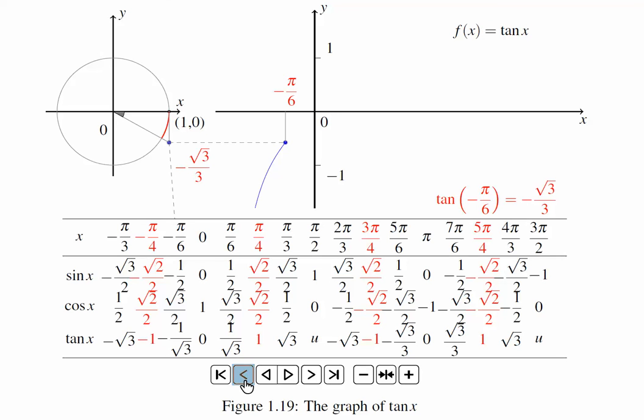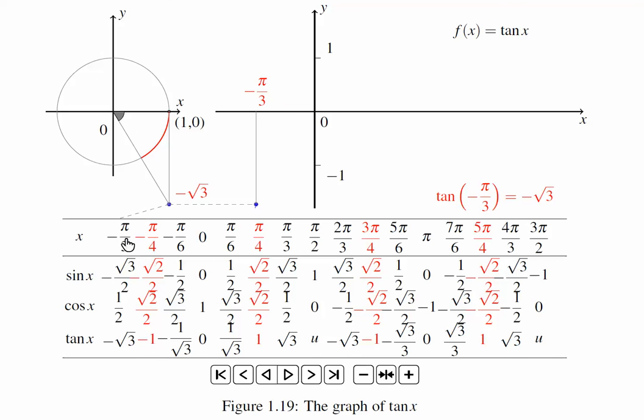Similarly, you can play with negative pi over 4 for this one. And negative pi over 3, which is negative 60 degrees, you have a negative radical 3. Here, then, from negative pi over 3, that's negative 60 degrees.